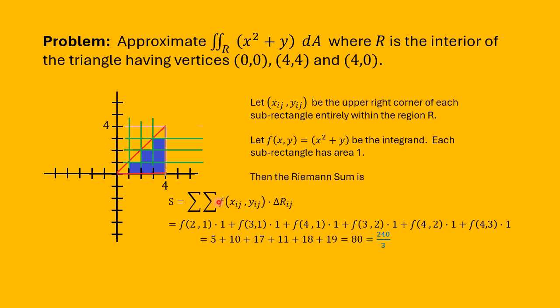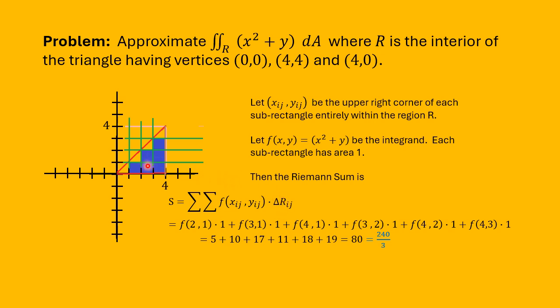So evaluate our integrand at that point, and then multiply that by the area of that particular sub-element, the area being delta A sub ij. In this case, all of the subrectangles have the same area, so when i and j vary, this factor is going to be the same each time, the area of one of those 1 by 1 squares, which is 1.